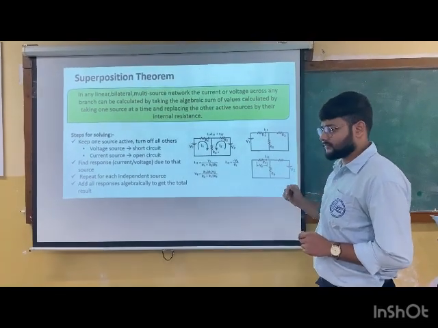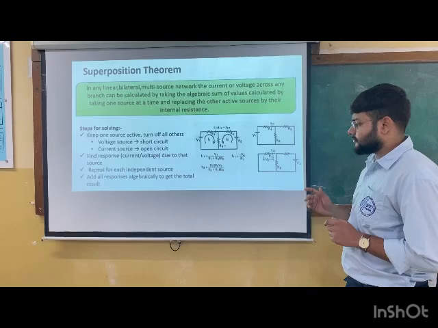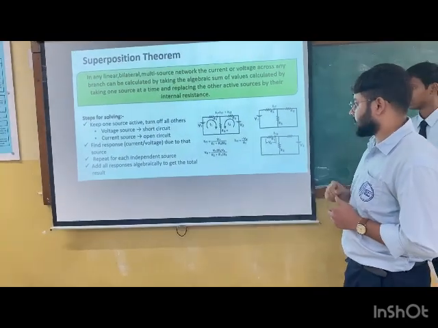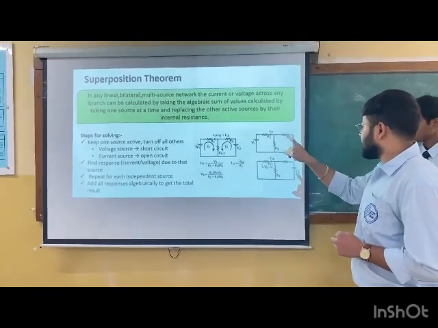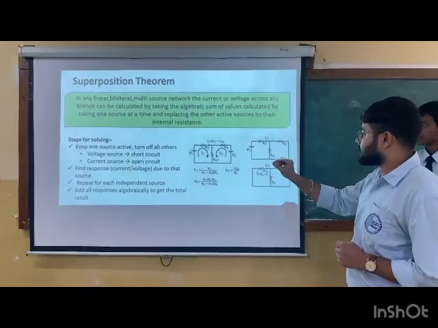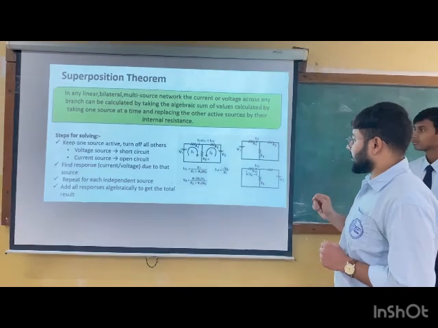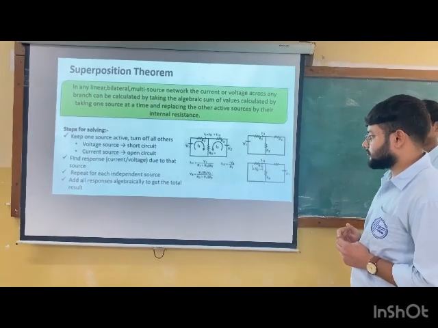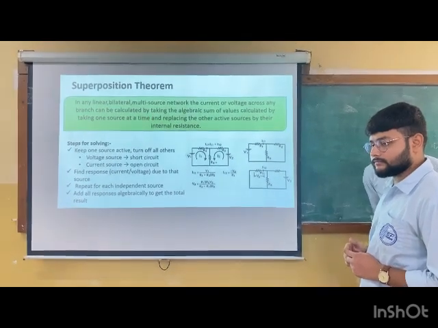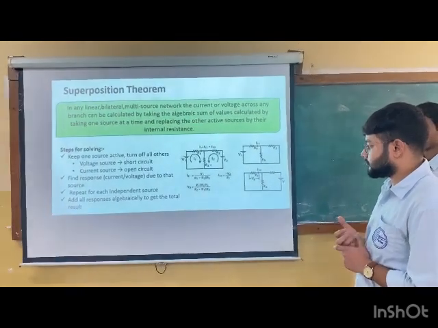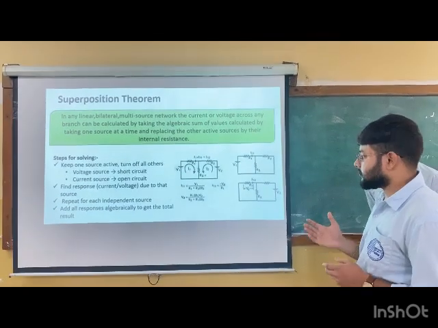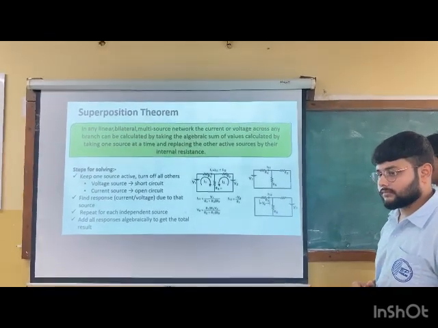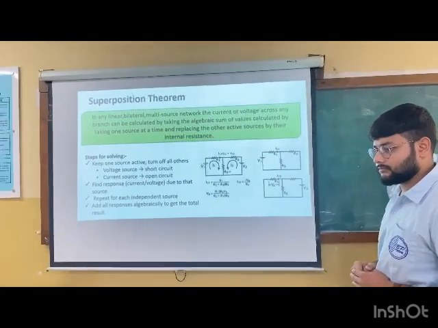If you consider V1, then V2 will be shorted and you determine the current due to V1. In the second step, when you consider V2, V1 will be shorted and you determine the current for the contribution of V2. For V1 and V2, the total current will be added.